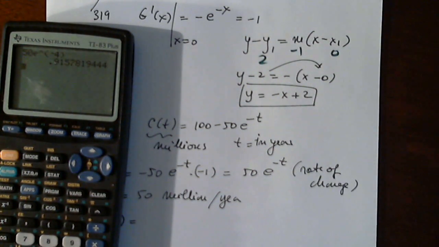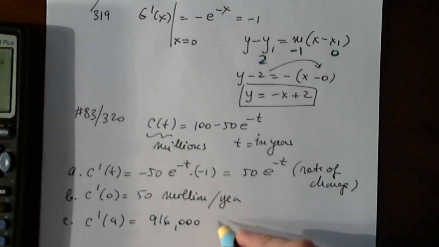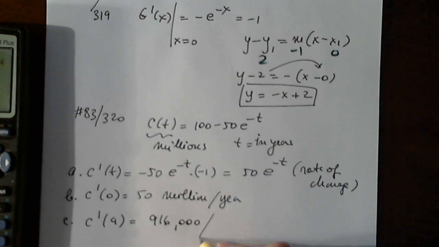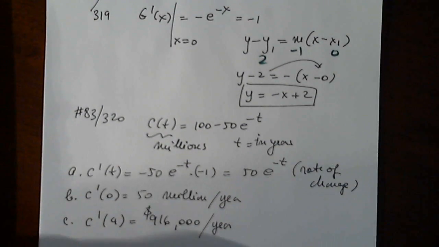And this is in millions, so it's roughly, I'm going to write 916 thousand per year. That's the rate of change when t is 4 years.